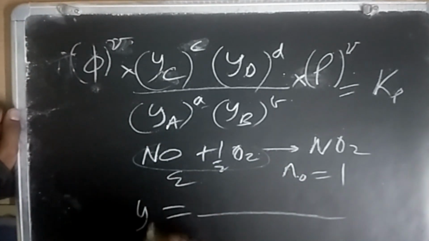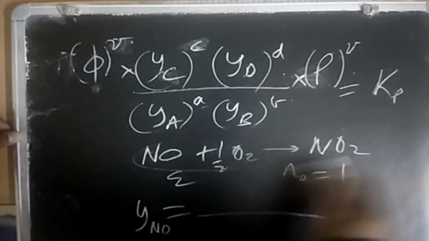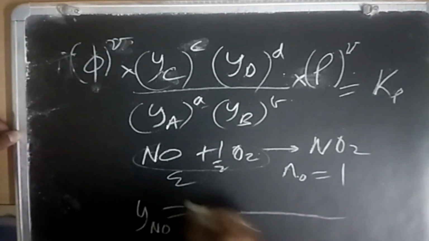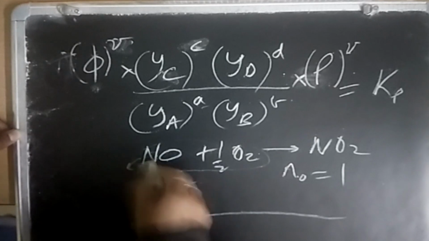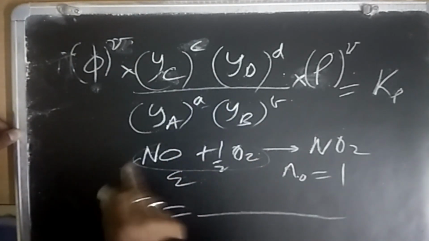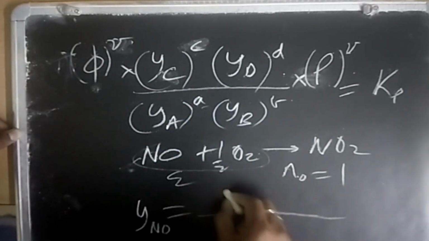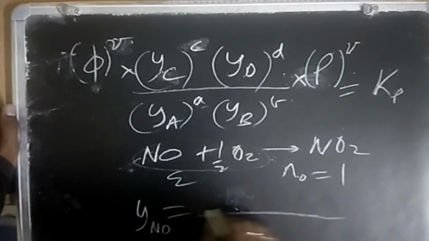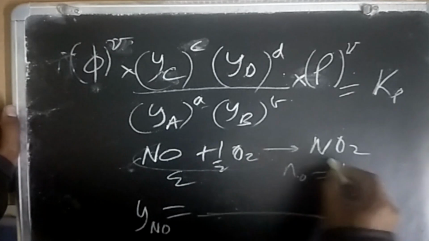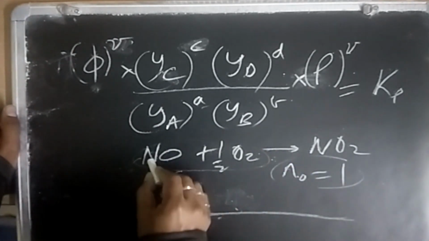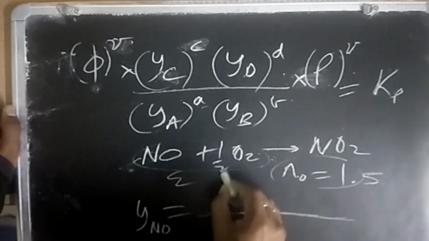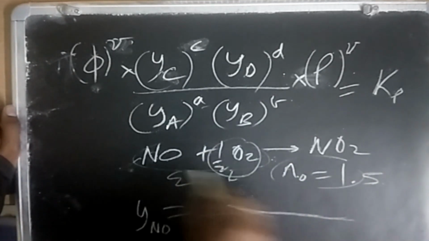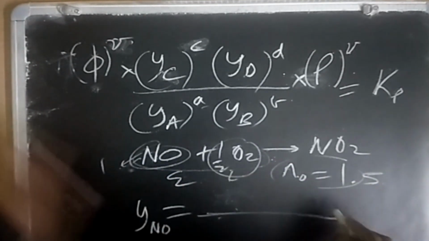Let's say we need yNO; the initial amount comes from ni naught. The total n be n1, so let's say this is 1.5, and this is half initially and this is 1 mole initially.